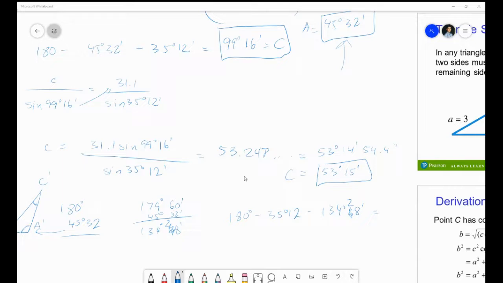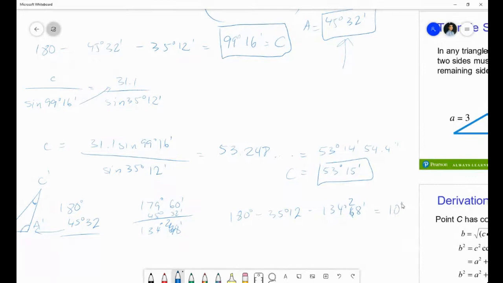All right, let's see what we got here. I got 10 and 1/3. Let's convert that to degrees, minutes. So I got 10 degrees and 20 minutes, and that's angle C.